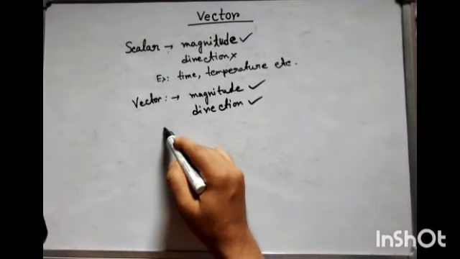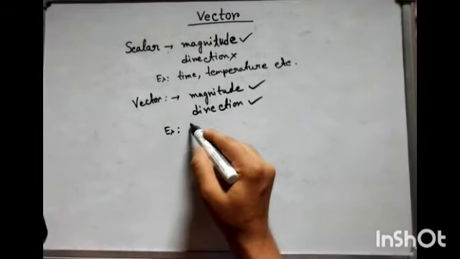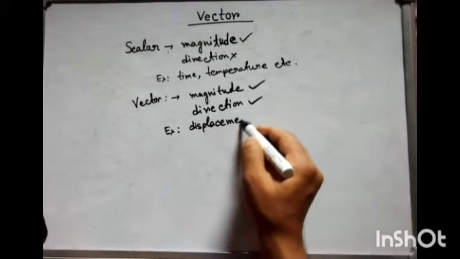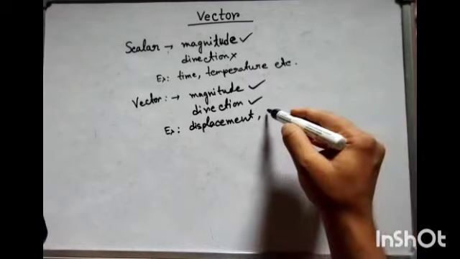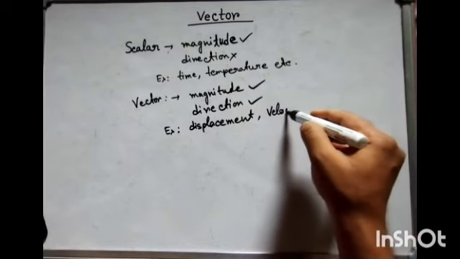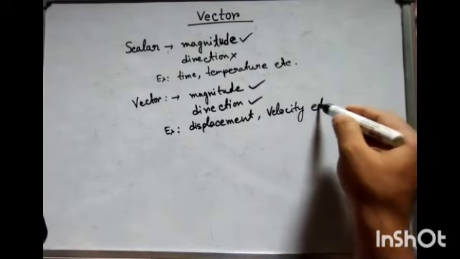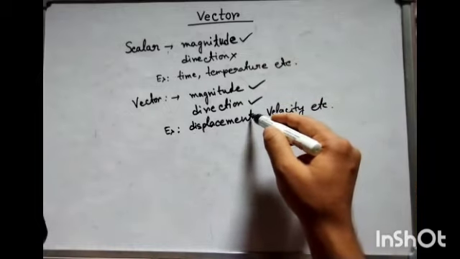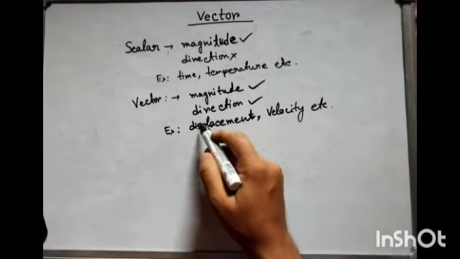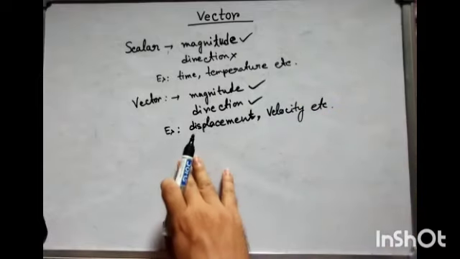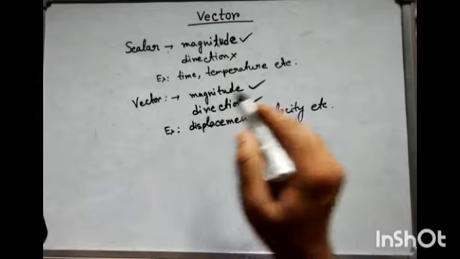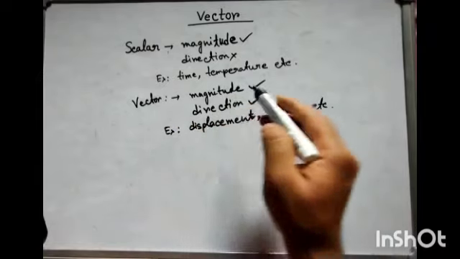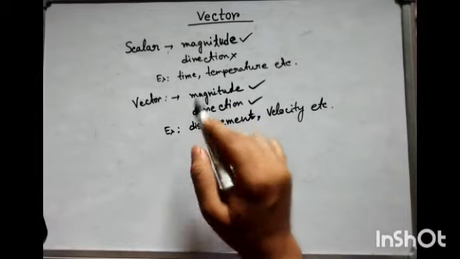Examples of vectors are displacement vector, velocity vector, acceleration vector. We have studied these things in my previous videos, so I explained there what is displacement, what is velocity, everything. And just having magnitude and direction does not make a quantity a vector.